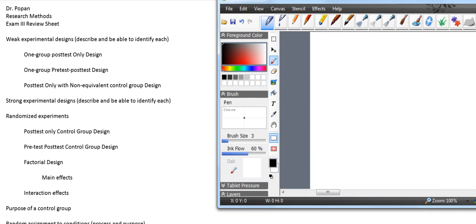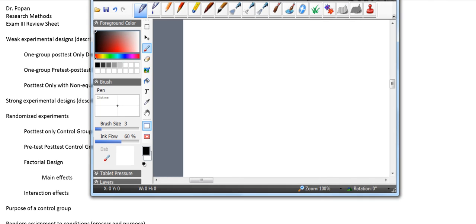All right. A factorial design is one where there are multiple independent variables. So let's say we wanted to look at the effect of treatment and control.